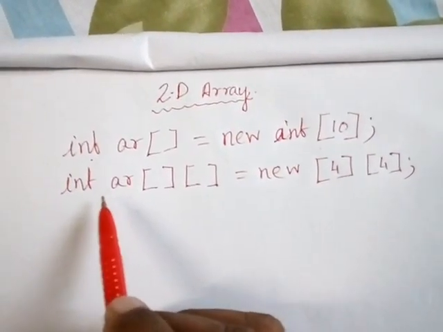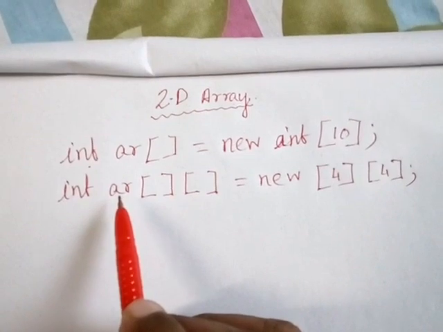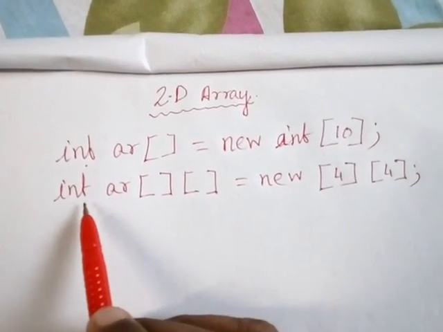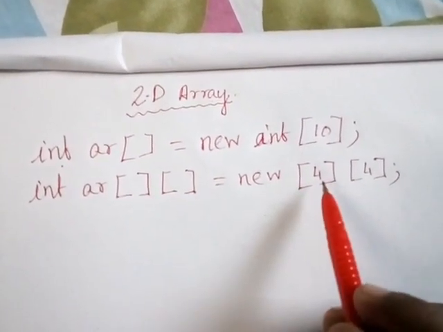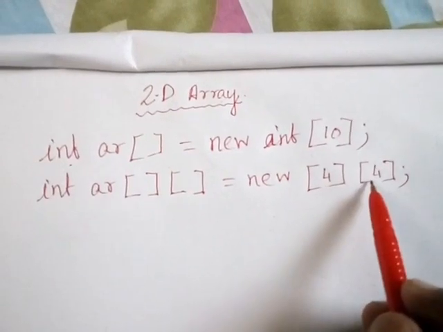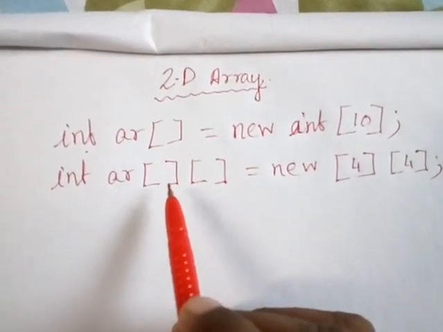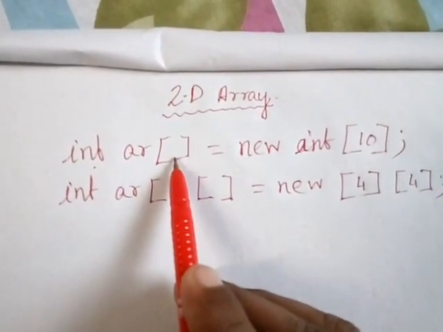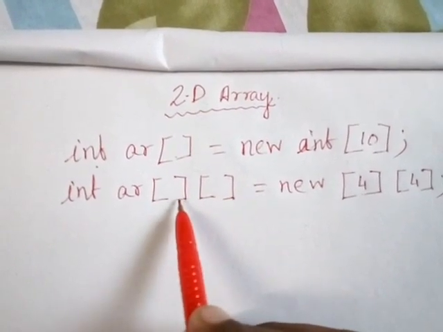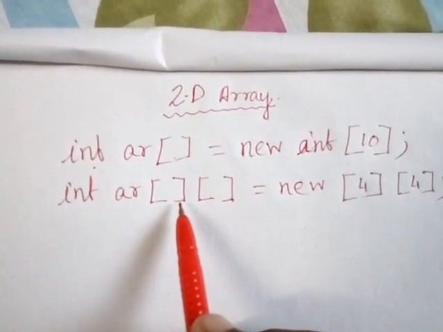That means here also I have declared one array called AR of integer type, and this array will occupy 4 elements. Now you are thinking, sir, here it is a one-dimensional array, then what is it, sir? It is called a two-dimensional array.